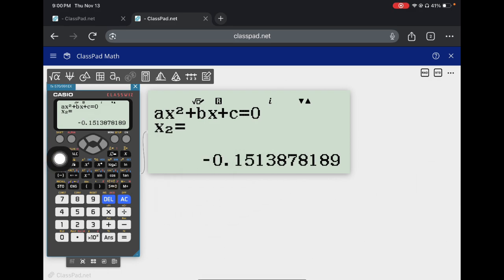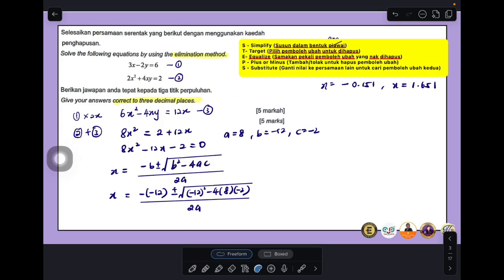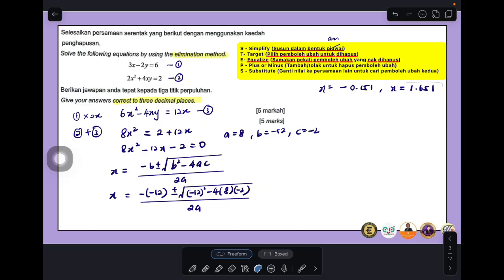Remember, 3 decimal places. So here you can straight away write X equal to negative 0.151, X equal to 1.651. Write down the answers here, or maybe you can put at the bottom.